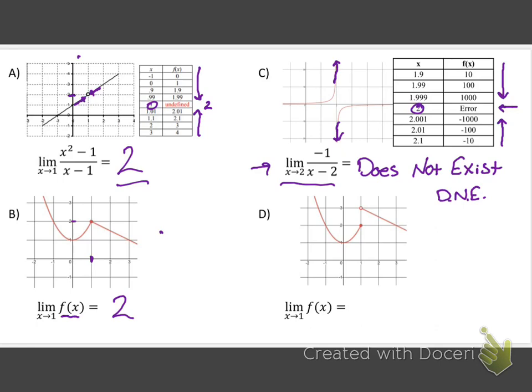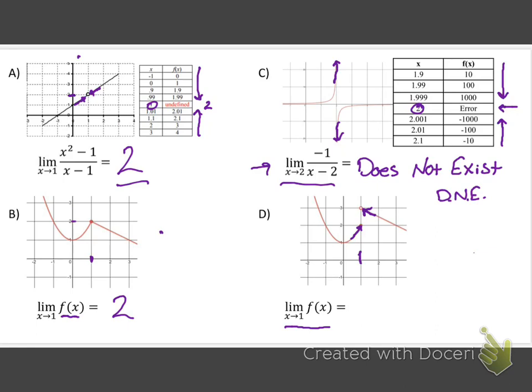Again, we have a piecewise function, and it's asking us what is the limit as x approaches 1. So we're looking at this x value right there. And again, we come in from both directions, and here on this side, from the left-hand side, it looks like it's approaching 2, just like in example B. But on the right-hand side, as we come in from this direction, it looks like it's approaching 3.